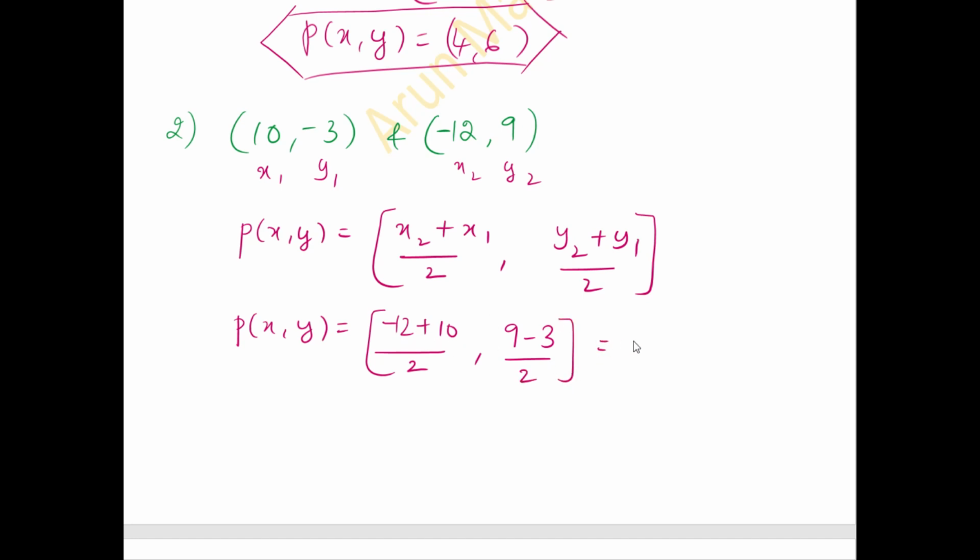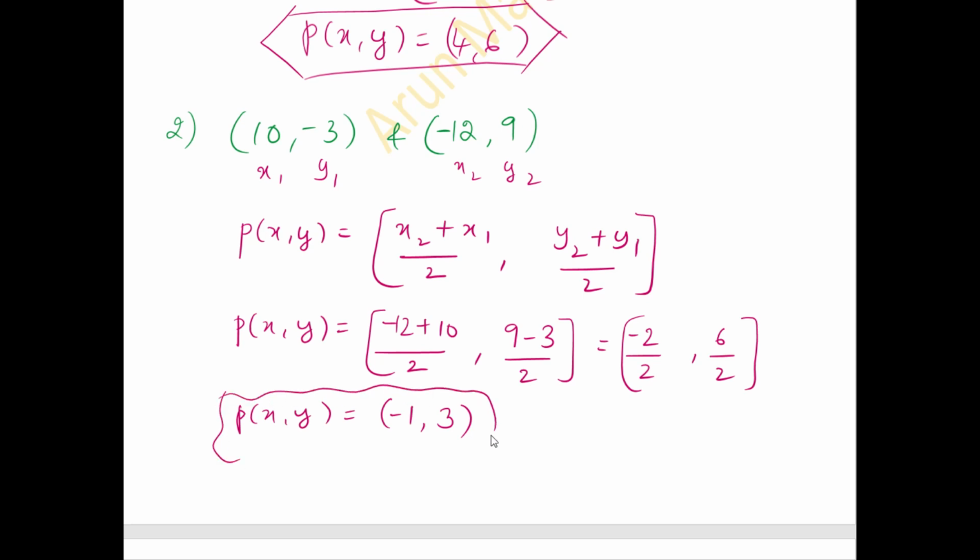Minus 12 plus 10: you need to do subtraction, that is 12 minus 10 is 2, the bigger number's sign is minus, so minus 2, divided by 2 comma 9 minus 3 is 6 divided by 2. Now minus 2 divided by 2 is minus 1, and 6 by 2 is 3. Therefore the required midpoint is minus 1 comma 3.